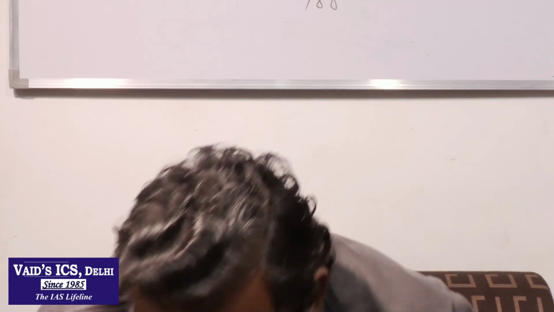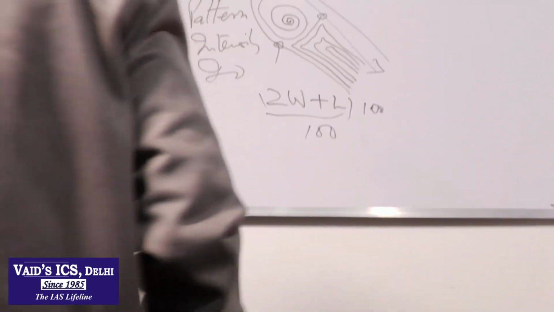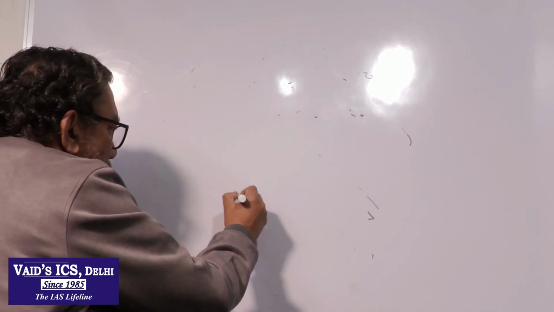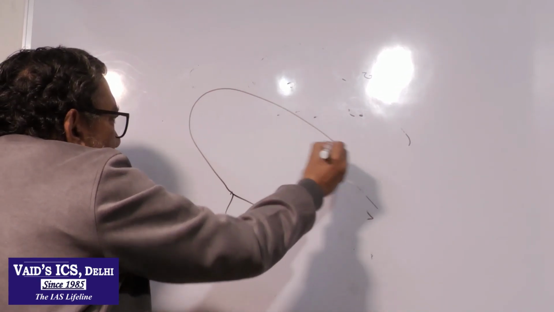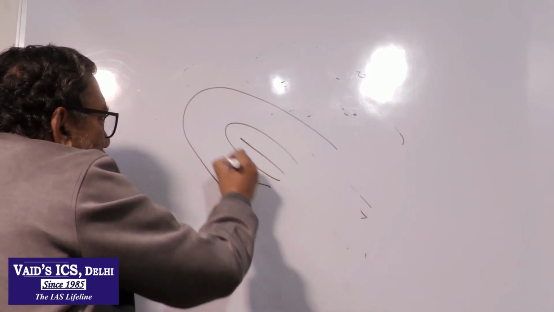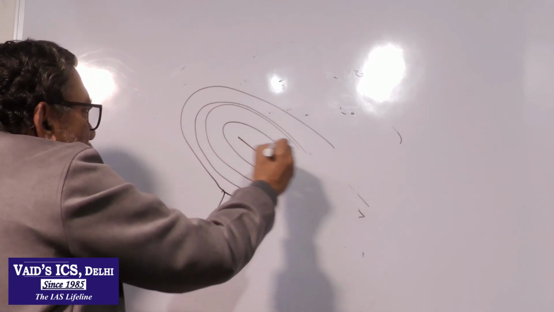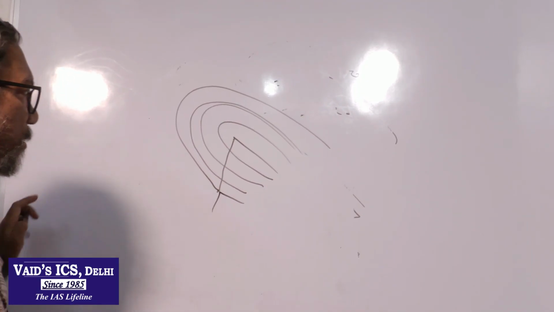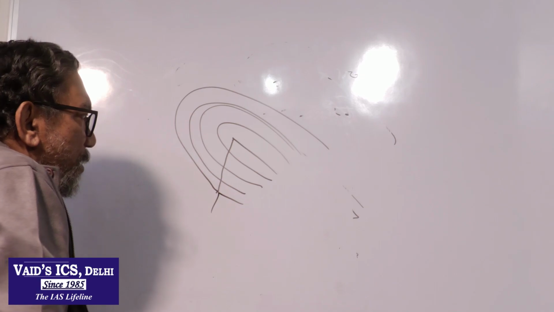Second use of dermatoglyphics is in the crime scene and forensics. Many complex things are there, but to make your job simple, say for example, if you have a loop, let us say a loop is there. So this will be your differential ridge count, and combining all this will be the total ridge count.